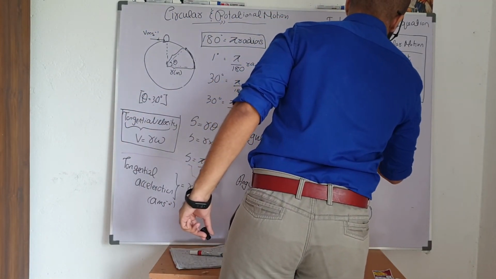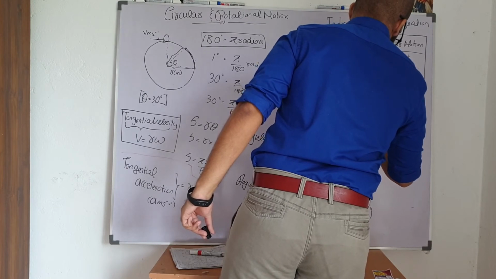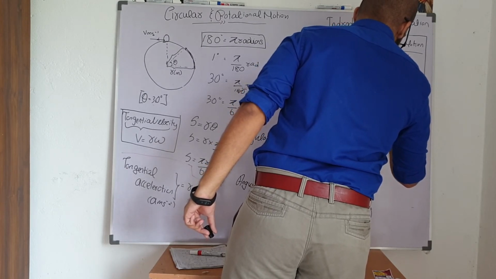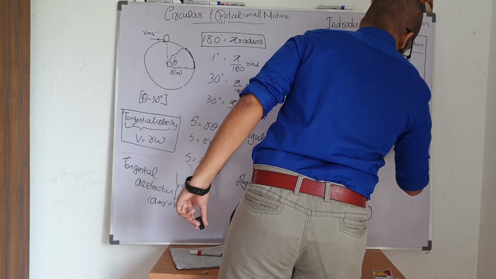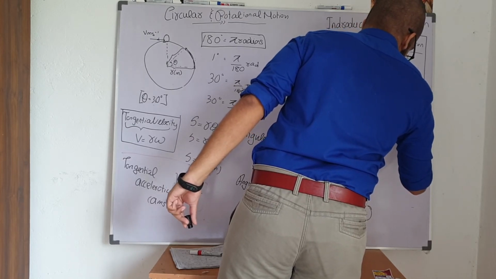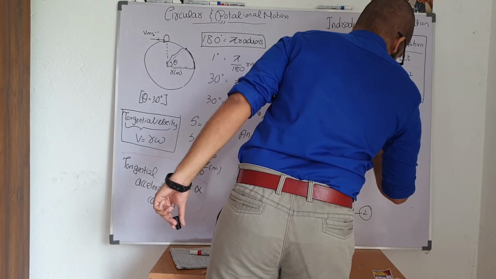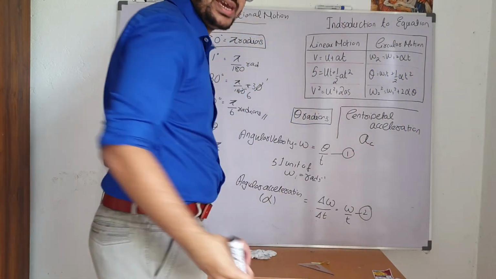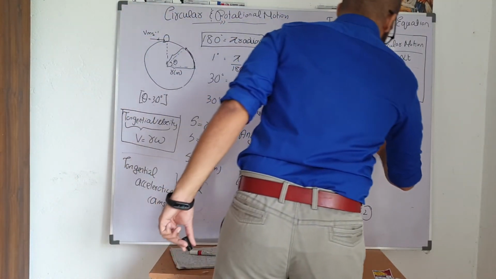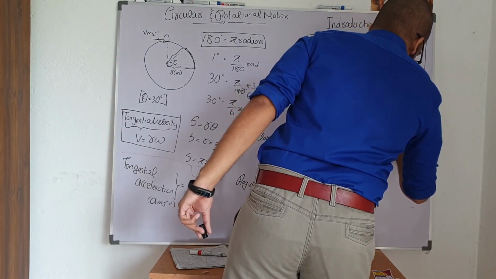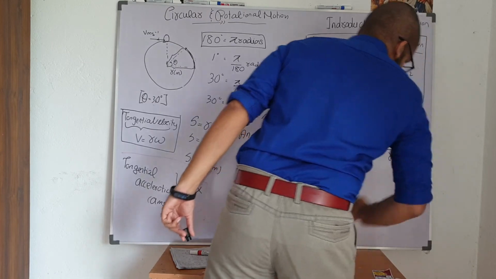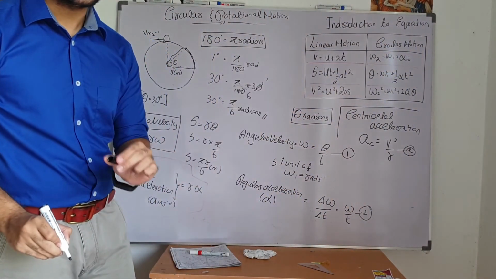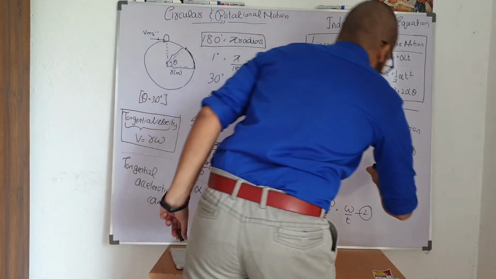I'm going to denote centripetal acceleration as a c, right? It will have v squared over r. Equation A. This v squared over r we can write like this also. V equals r omega.